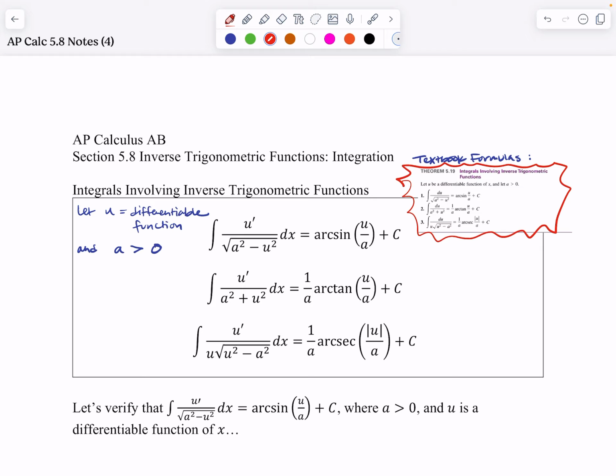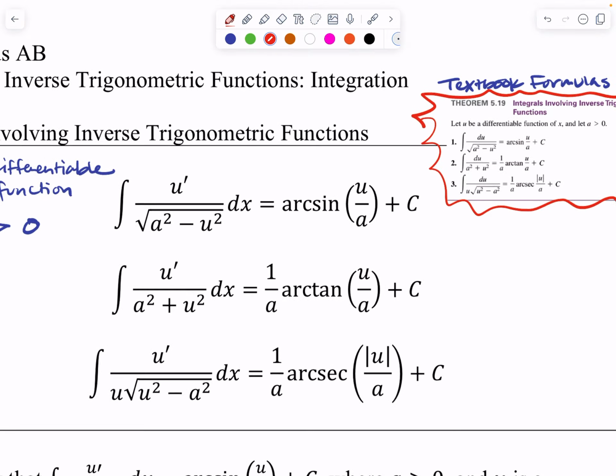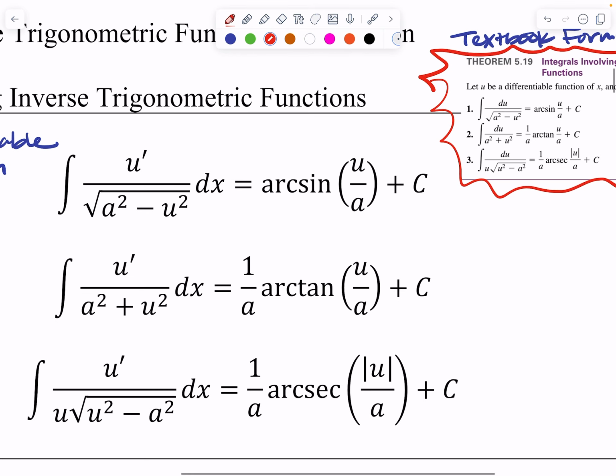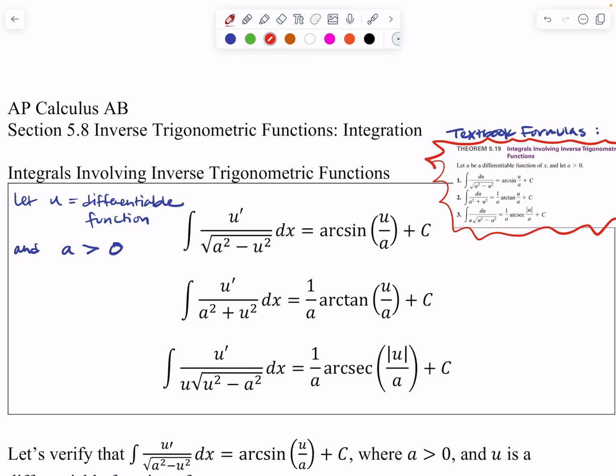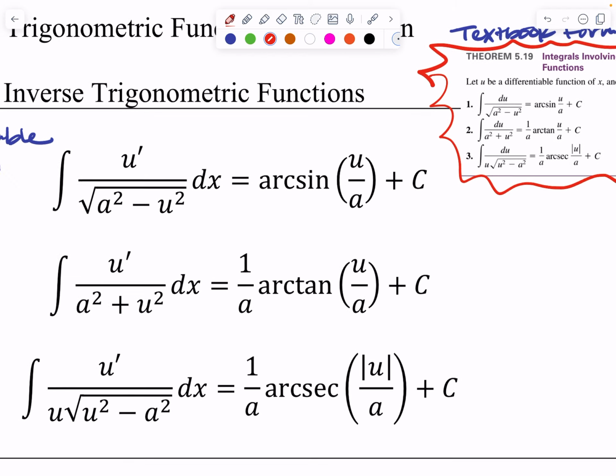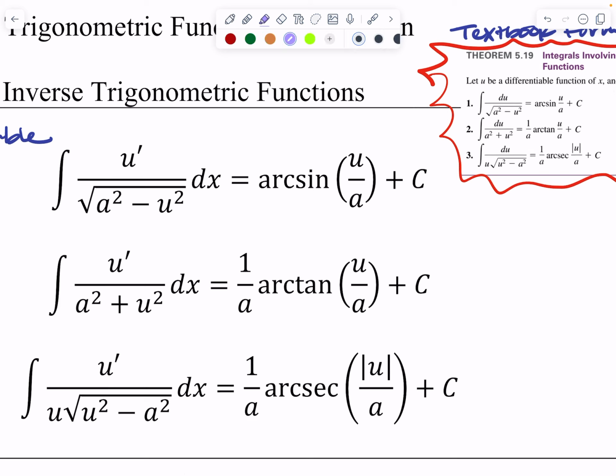So the formulas that I'm giving you are slightly different and maybe a little bit confusing to look at from the textbook, and I want to explain those. For each of these formulas, we're assuming that u is a differentiable function, and a is a constant that's greater than 0.